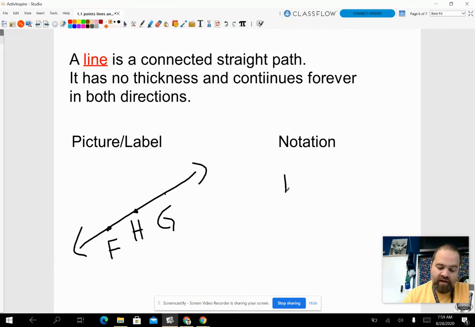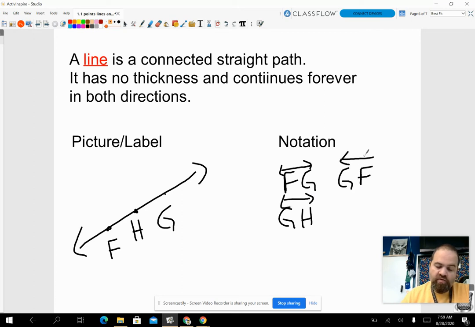That line right there could be named FG. It could be named GH. Basically any 2 points, and slap the notation over the top of it. You can even reverse the letters and it works out for a line. That works for segments too, but not rays. Rays are kind of directional, so you can't swap the letters around on it.